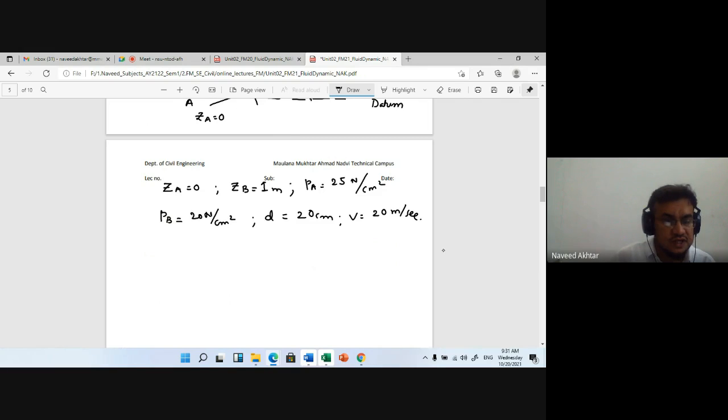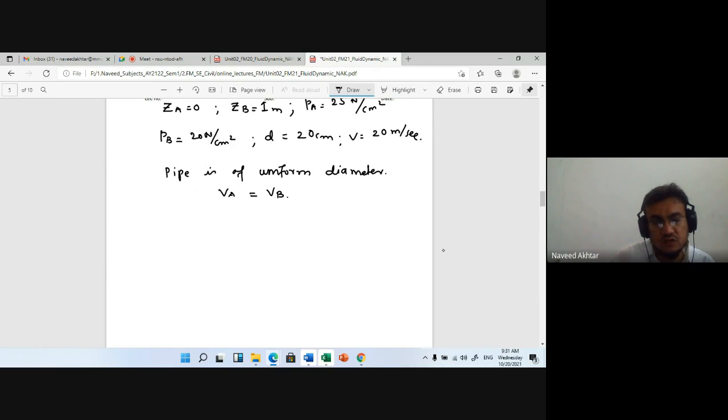But here you can see that the pipe is of uniform diameter. It means that the flow velocity VA is equal to VB. So using Bernoulli's equation, because the velocity is the same, there is no velocity head.